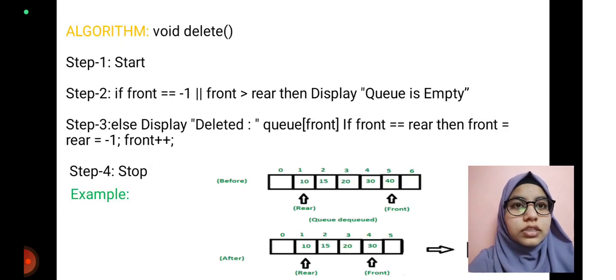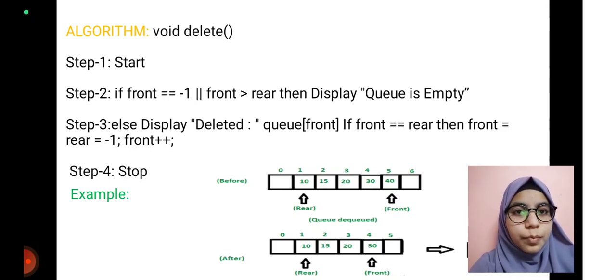Next, algorithm for deletion. Step 1, start. Step 2, if front equal to minus 1 or front greater than rear, then display queue is empty. Step 3, else display deleted queue of front, and if front equal to rear, then front equals rear equals minus 1, front plus plus.